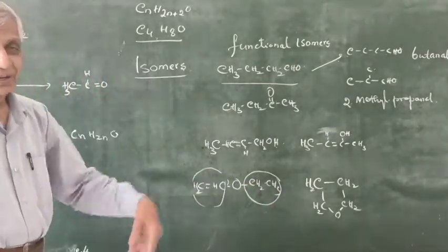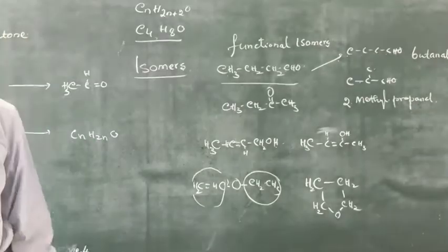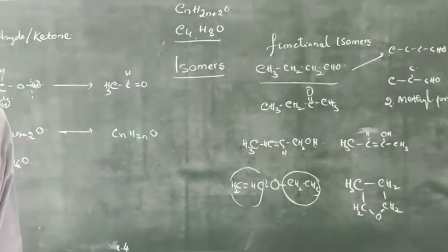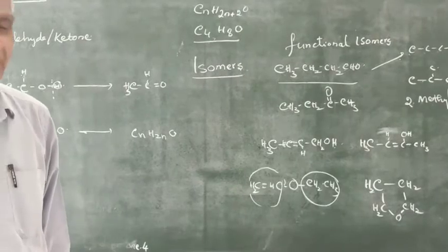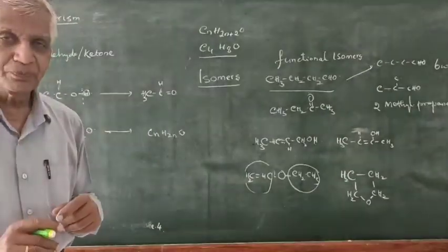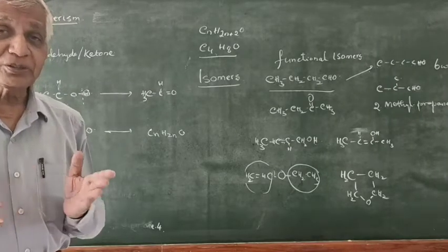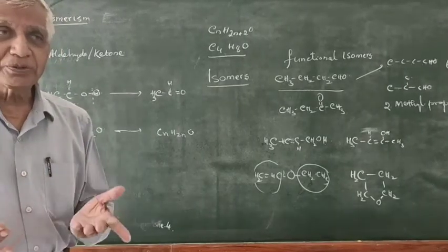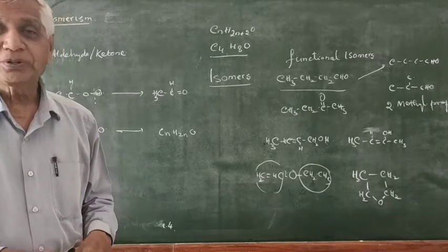So remember, so many types of isomers are possible. Please don't get yourself confused. Look at the formula. Compare with the alcohol. Compare with the unsaturated alcohol. Compare with the branch isomers.